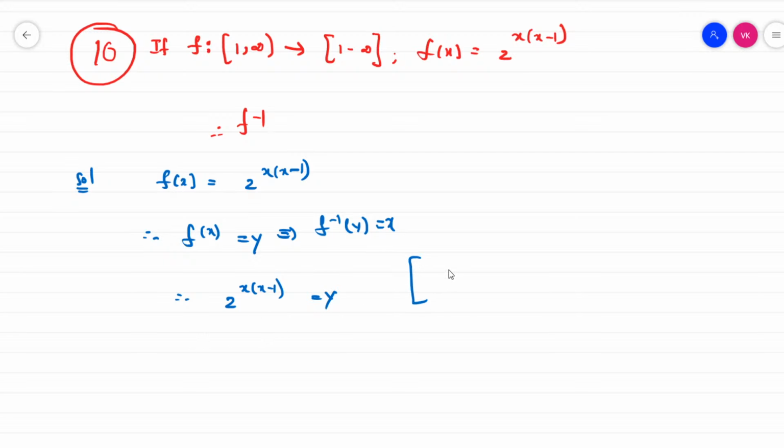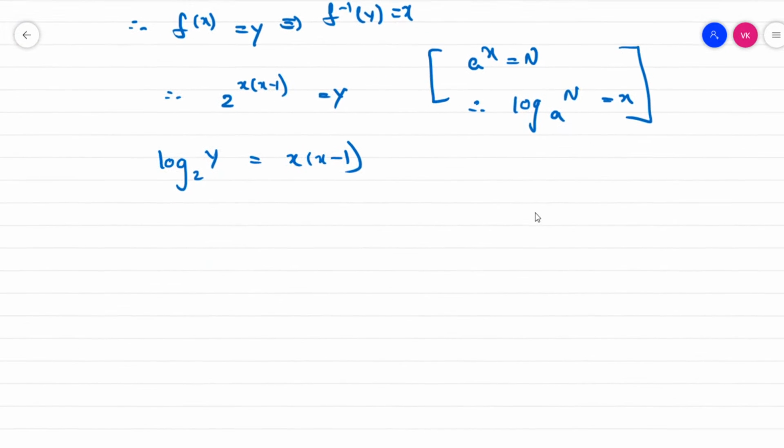We know that if a power of x is equal to n, then we can apply log n base a is equal to x. By this formula we can directly write log y base 2 is equal to x into x minus x. Okay, we got here, but we have to expand.